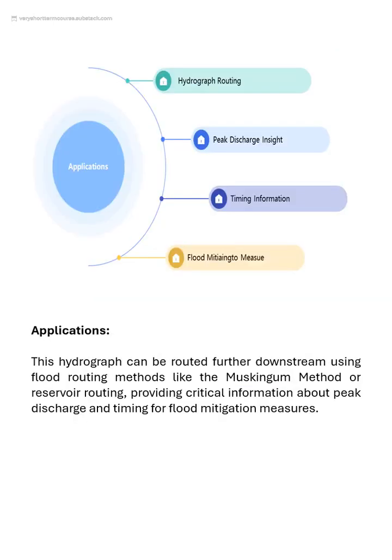So this is all there is to it, and you can apply this method for hydrograph routing, even peak discharge insights, timing effects, and of course this all will impact flood mitigation measures. So that is all I have to say today. This is the brief introduction and how you can use Nash's IUH for flood routing.